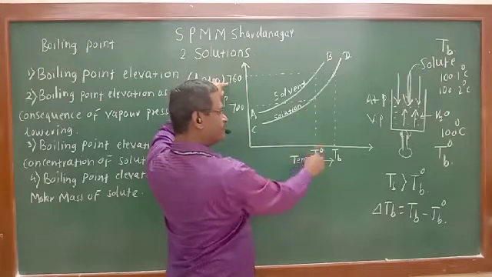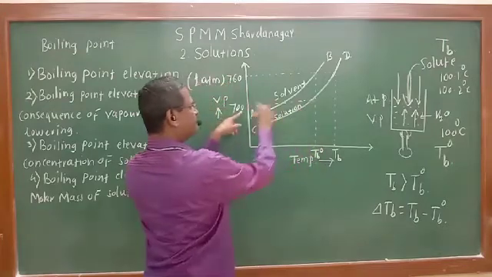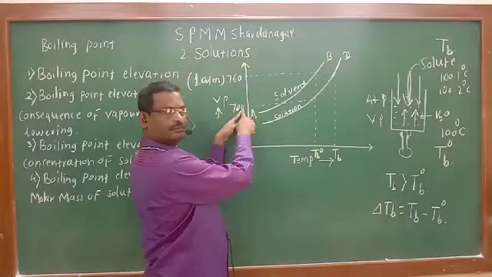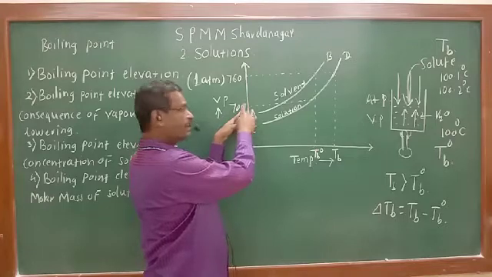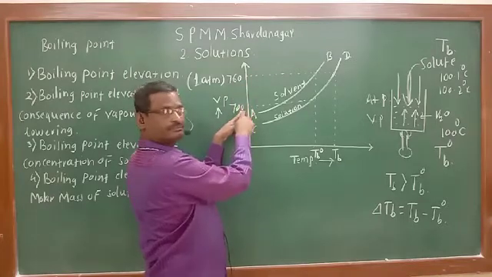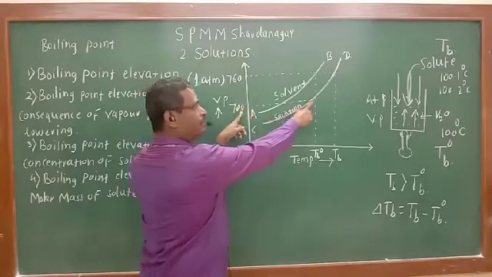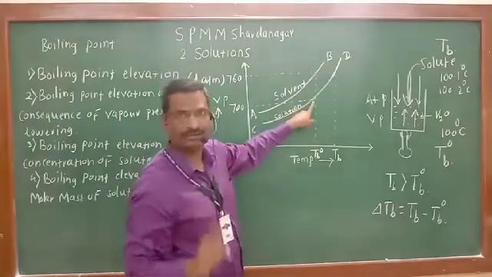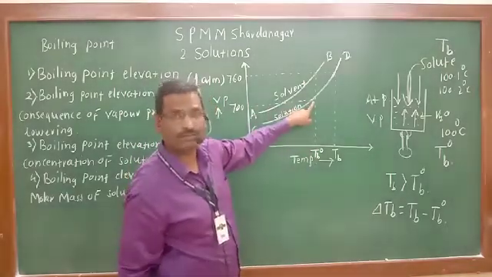But at this temperature T0, its vapor pressure is 700, not 1 atmosphere. It is less than 760. So here the solution is not boiling. That is not the boiling point of the solution.